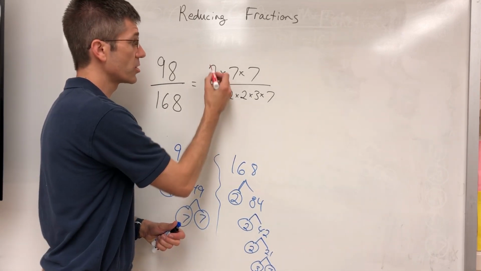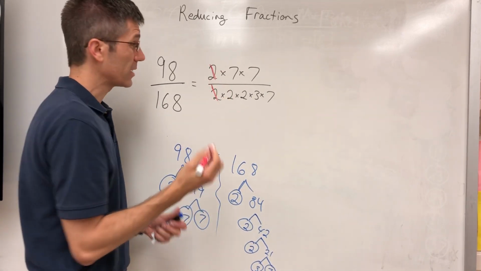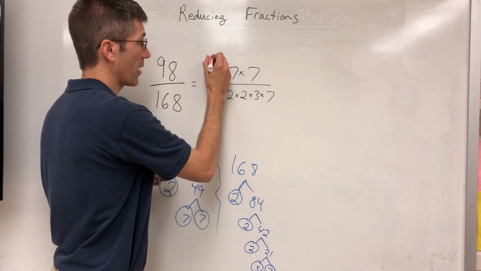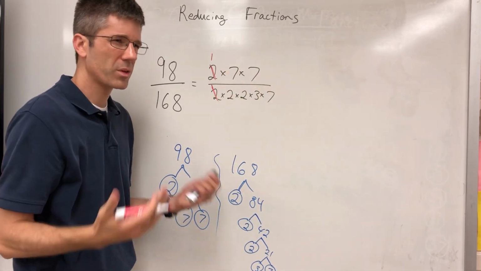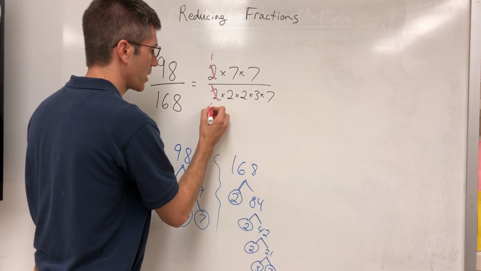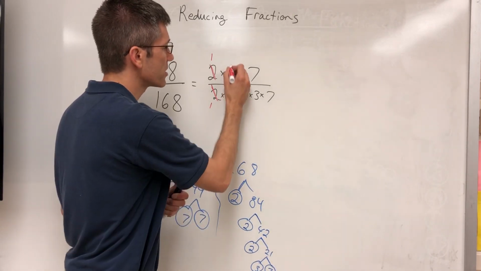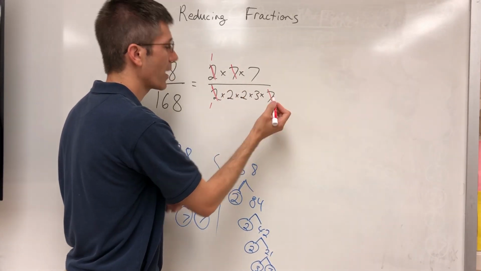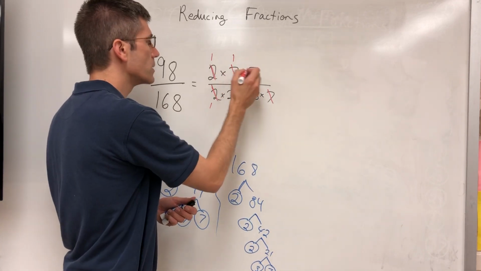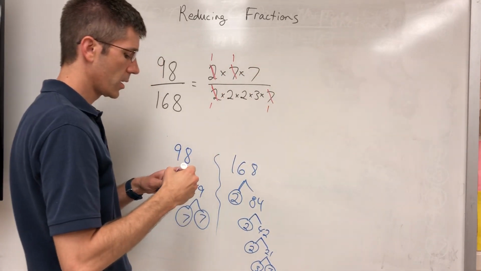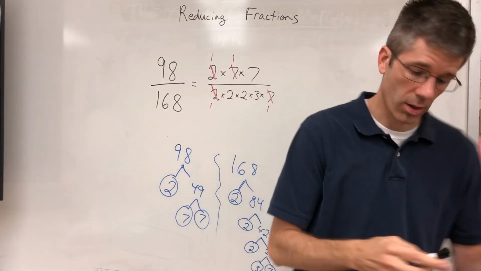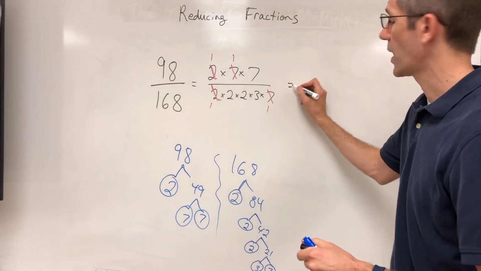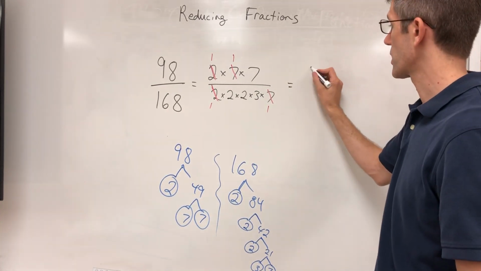2 goes into 2 one time. And so what I really am doing here is saying I have 1 times 7 times 7. Well, when you multiply by 1, it doesn't change anything, right? So we have that. So 7 cancels with this one down here. And if you want to get technical, 1 times 7, and there's a 1 here. So in the numerator, I'm taking an extra step here that's totally unnecessary.